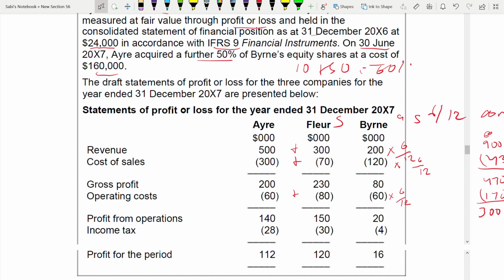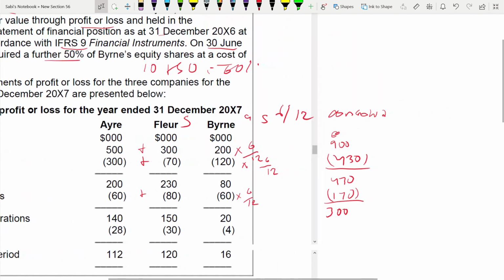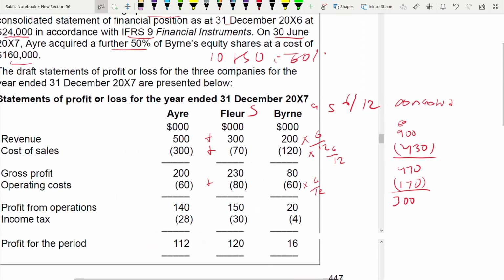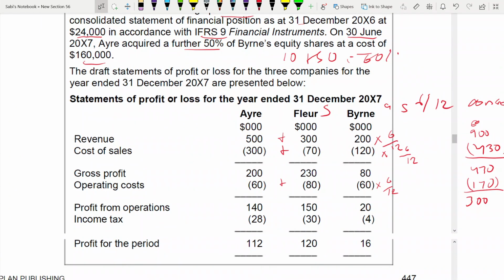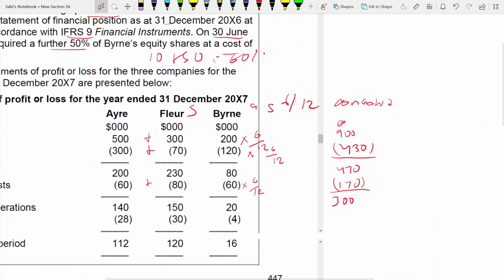Once it becomes a subsidiary, you have to de-recognize it. When you're de-recognizing it, it's like you're selling it. You're selling your financial instrument and you're becoming a subsidiary. So when you're selling your financial instrument, you have to recognize a profit. That profit needs to be added here after profit from operation. Okay, that is profit on derecognition of equity investment. I'll write it here.